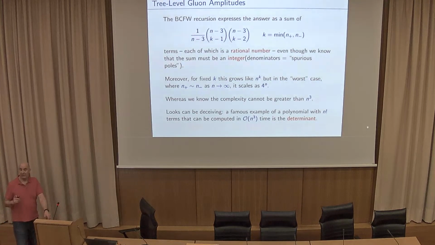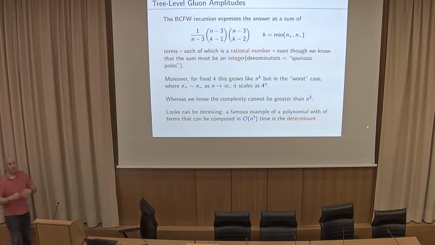But looks can be very deceiving, right? There's a famous example of a kind of polynomial that has n factorial terms, but only takes complexity n cubed to evaluate. That polynomial is called the determinant. If you write the determinant of a matrix and expand it out, it has n factorial terms. But you can also compute the determinant by diagonalizing the matrix. That has cost complexity n cubed, and then multiplying the eigenvalues.